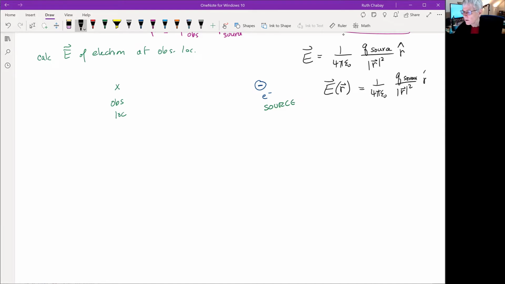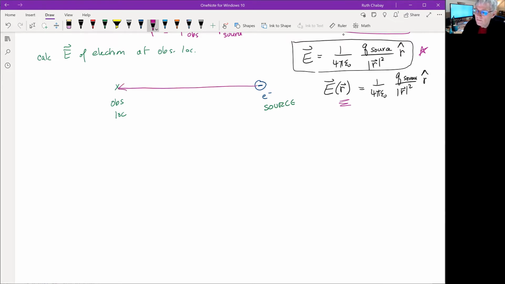But implicit in this equation, which is the second equation that you're going to need to memorize and have burned into your brains, is this dependence on r, that it varies with r. So if we draw the vector r from the source to the observation location, and let's say that in this case our vector r, it's obviously in the negative x direction, so let's say it's <-1 times 10 to the -6, 0, 0> meters, so 1 micrometer.